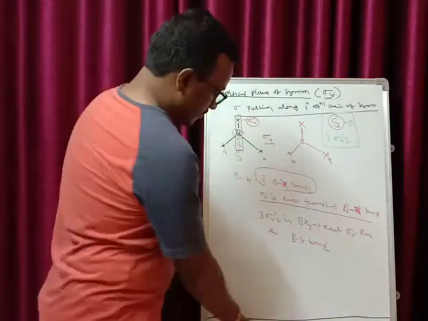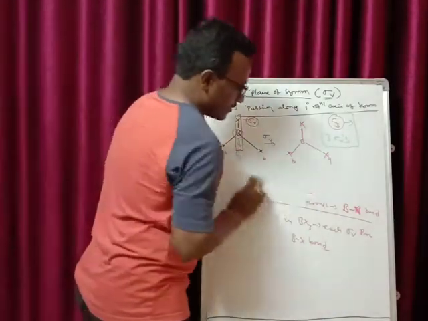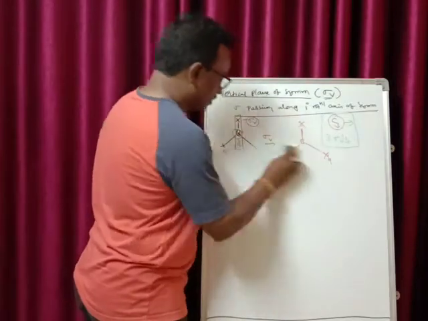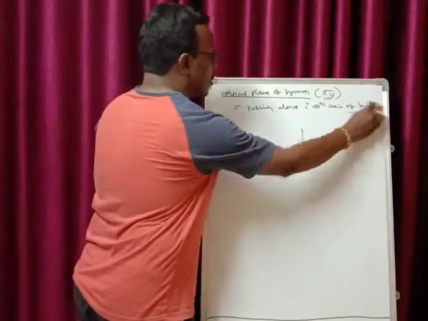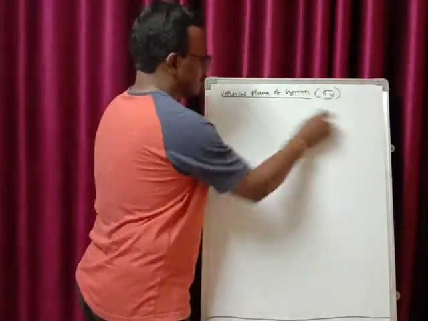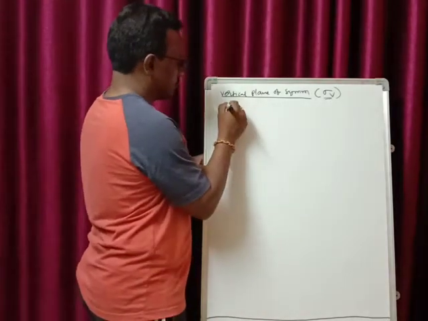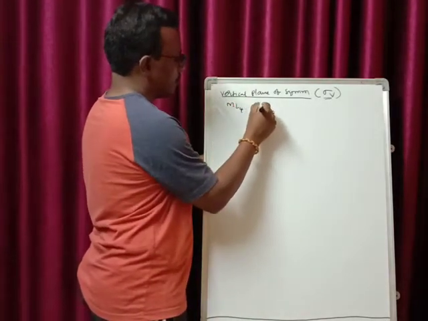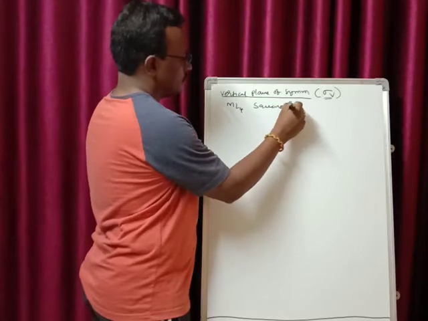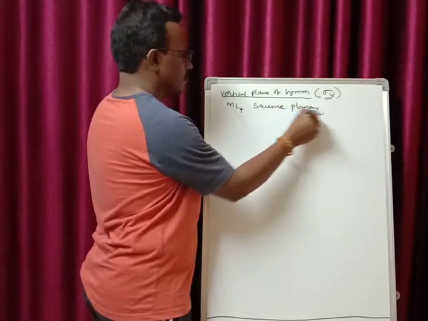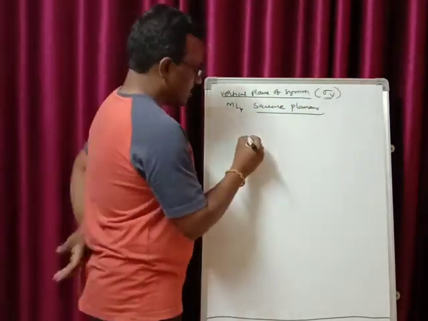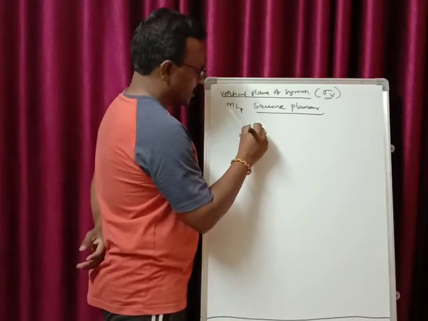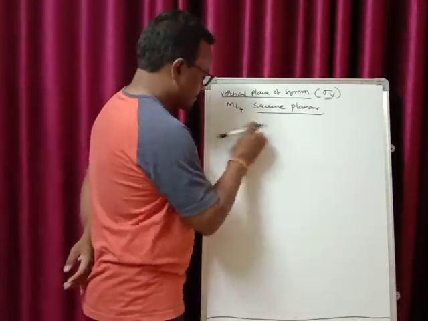Now coming to the next example, we will take the example of ML4 square planar complexes. Here in ML4, in the center, you have your metal.